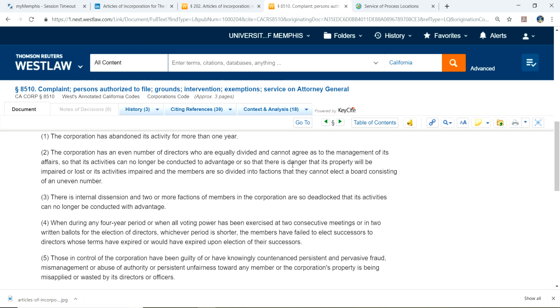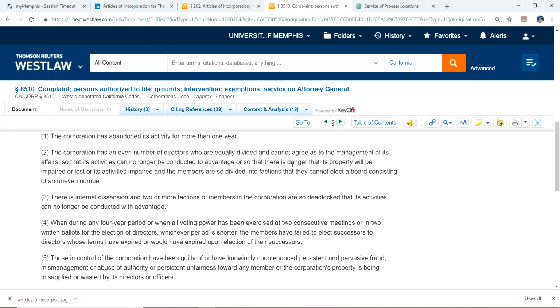Section 2, the corporation has an even number of directors who are equally divided and cannot agree as to the management of its affairs, so that its activities can no longer be conducted to advantage or so that there is danger that its property will be impaired or lost, and the members are so divided into factions that they cannot elect a board consisting of an uneven number.